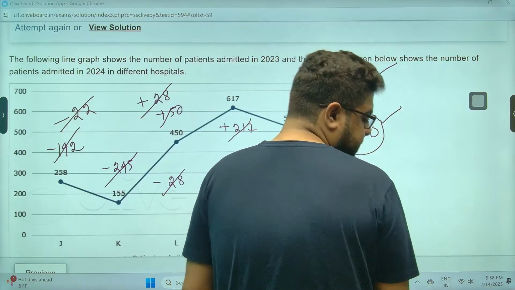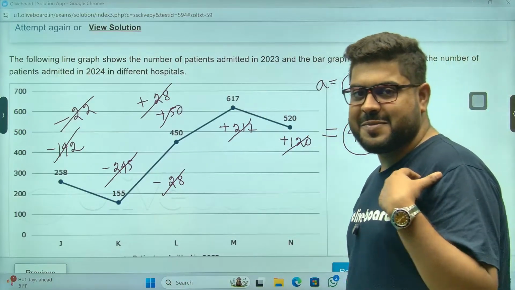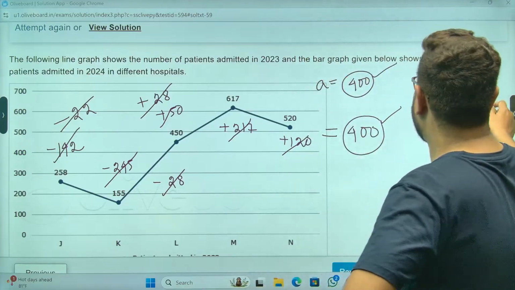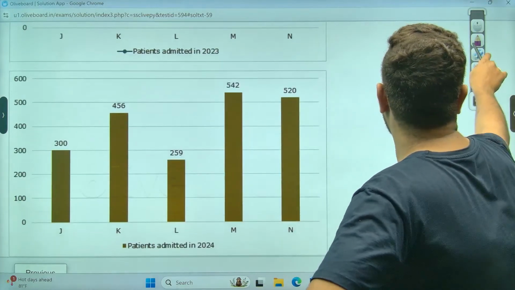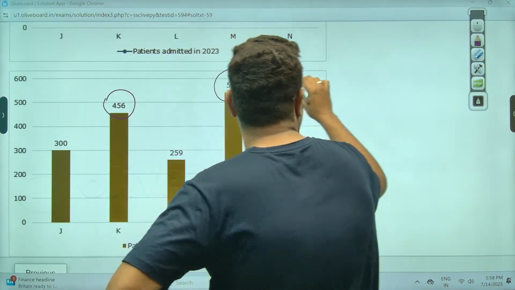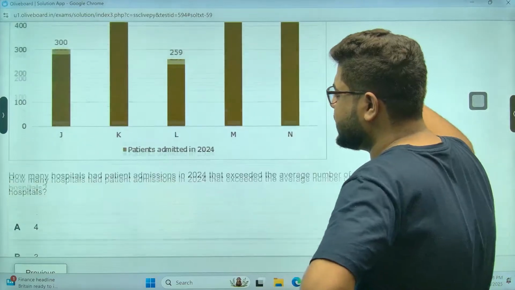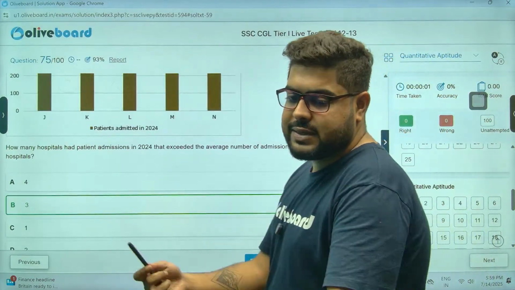So 400 is coming out as our average. Subhash, good to see you after so many days, brother. So 400 is the average. They are asking how many are greater than 400, sir. Sir, 1, 2, 3. 3 hospitals are greater than 400. Answer will be 3, sir. Answer will be 3. That was the questions.